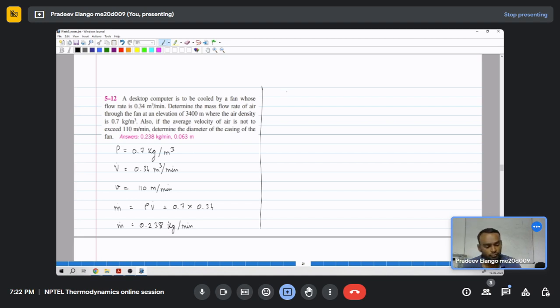And for the diameter we have m dot equal to rho A v, velocity denoted by small v. Here m dot is known, that is 0.238, and rho is 0.7, area is what we need to find, and velocity is 110. Since both sides have per minute, I need not convert to per second this time. And here now area is 0.238 by 0.7 into 110. Can you find the area?